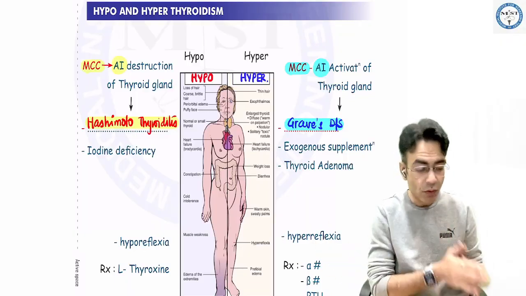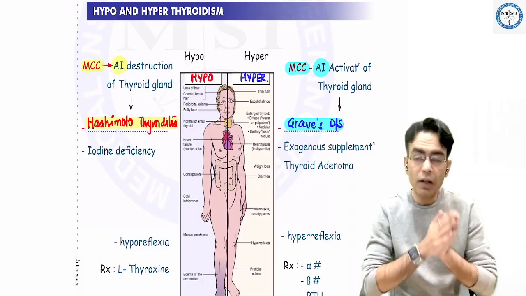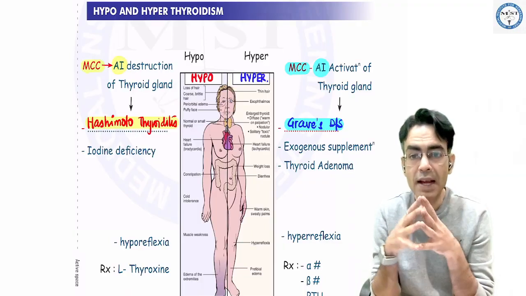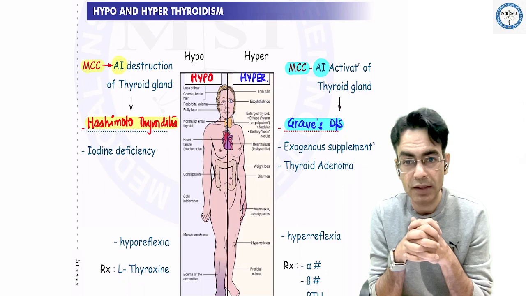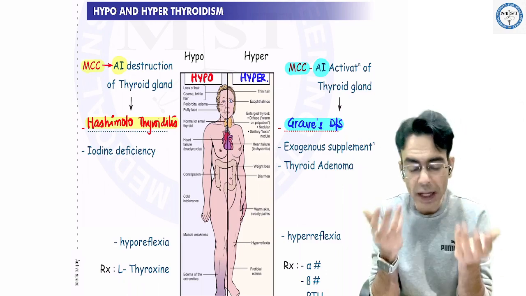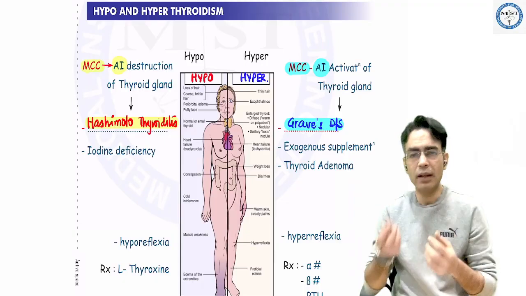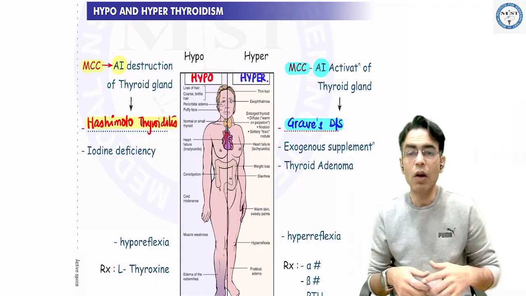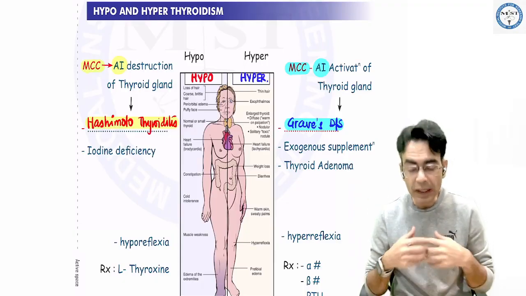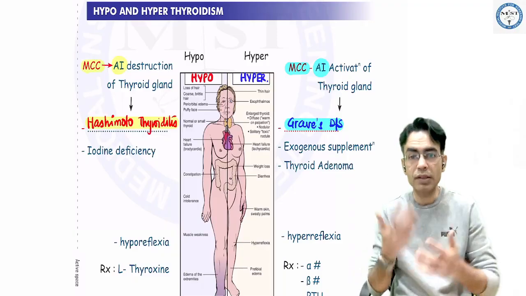The disease which is more common for hypo is Hashimoto thyroiditis, and the disease for hyper is Graves' disease. Another cause of hypothyroidism could be iodine deficiency, and other causes of hyperthyroidism could be taking T4 from outside, or maybe some cancer related to the thyroid gland where the cells are increasing.